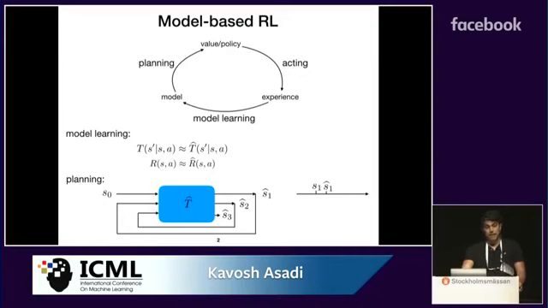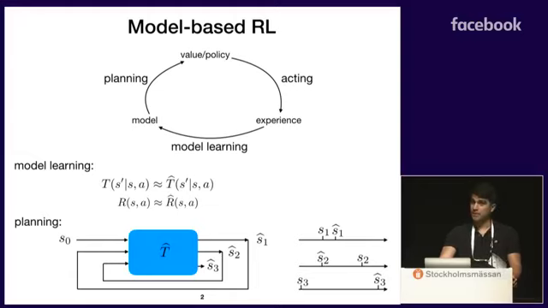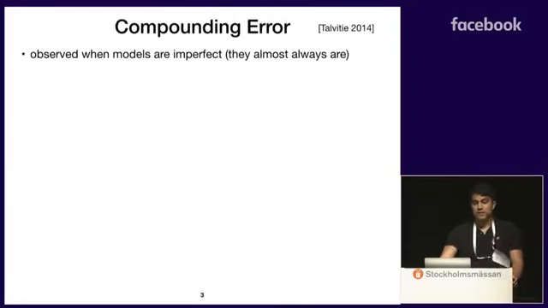But in the second time step, there are two kinds of errors. The first one comes from the fact that the model is imperfect. But the second kind of error is that even the input of the model was wrong in the first place. So it is plausible to think that our estimate is very wrong in the second time step, and it's super wrong in the third time step. So this is a problem which is sometimes referred to as the compounding error phenomena.